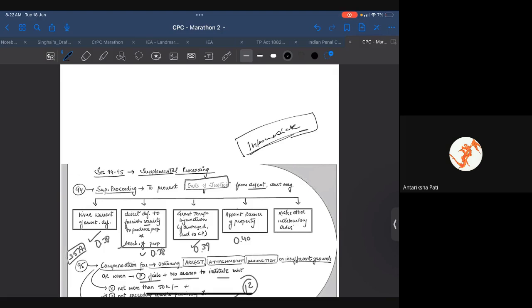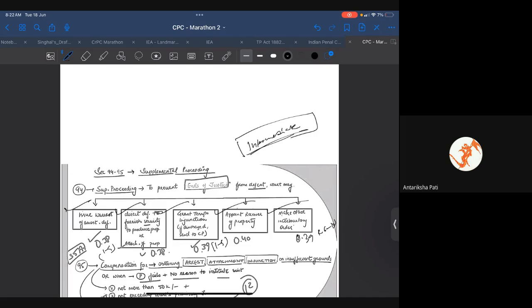To prevent the ends of justice from being defeated, the court may do all of these: a warrant of arrest against the defendant, arrest before judgment, attachment before judgment, temporary injunction, appointment of receiver, and any other interlocutory order. This is also Order 39, Rules 6 to 10. This is Order 39, Rules 1 to 5, and this is the rest, I think.